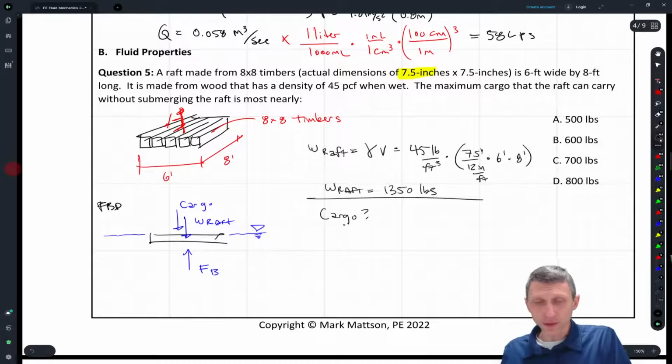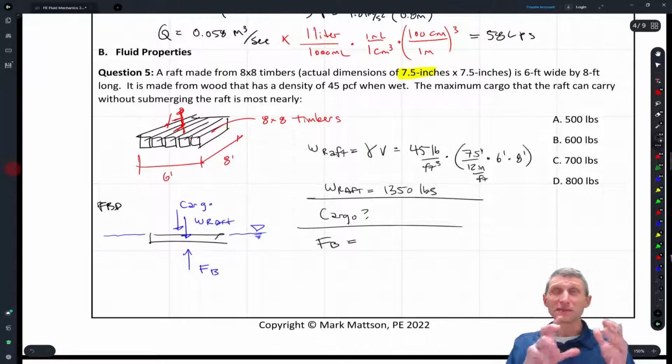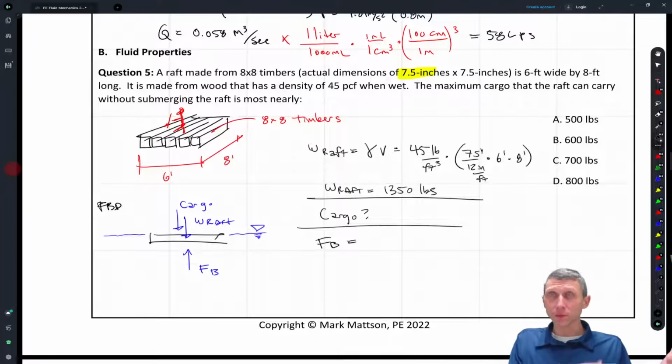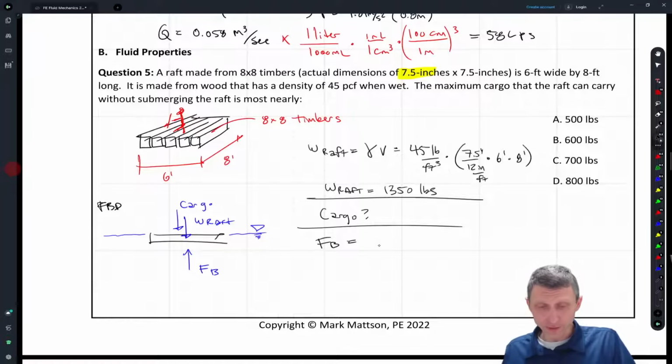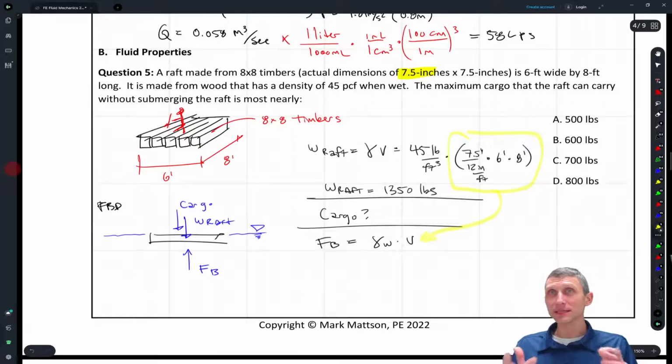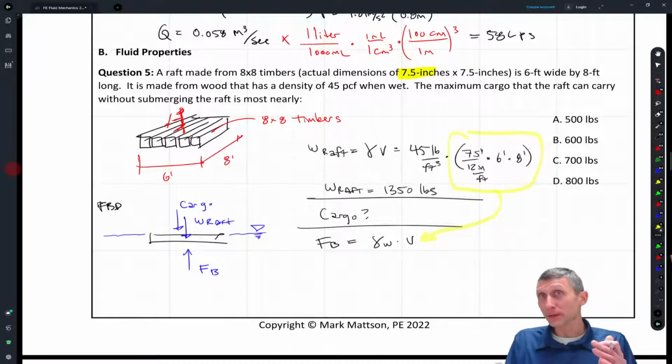Okay, so the cargo, that's our question mark. But what do we know? We also know this buoyant force. The buoyant force is equal to the volume of water displaced times the weight of water. So the buoyant force is going to be gamma water times the volume. It's the same volume as before, because that's the amount of water displaced, just now multiplied by gamma water.